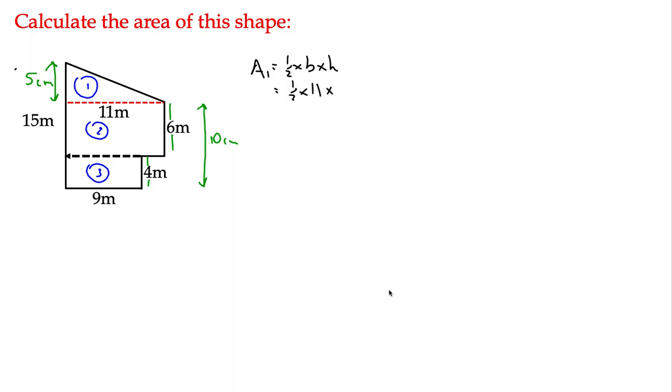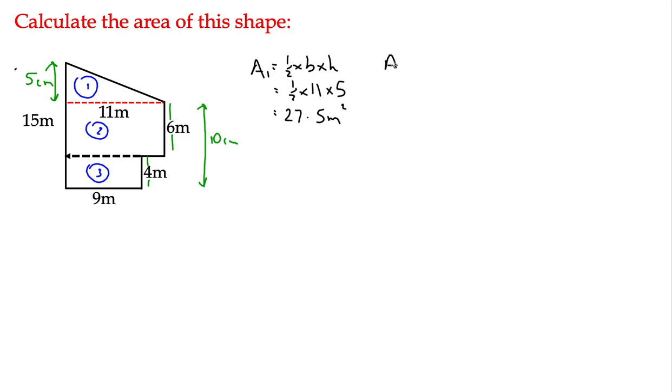Again, you can work that out in your head, but it's good to put a little bit of explanation, at the very least, write down that 5 centimeters there. So what I'm going to use is 5 centimeters for the height of the triangle. 11 times 5 is 55, and half of 55, what's that? It's 27.5 or 27 and a half square meters.